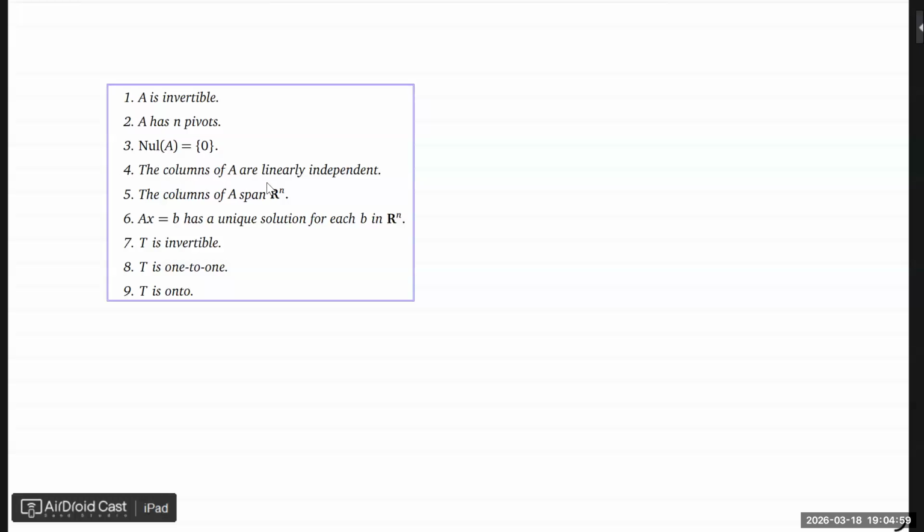Number 4, the columns of A are linearly independent. It means there's no free variable. Number 5, the columns of A span Rn, because remember, A is m by n, and the number of values is then that n. And Ax = b has a unique solution, which is basically the same as number 4.